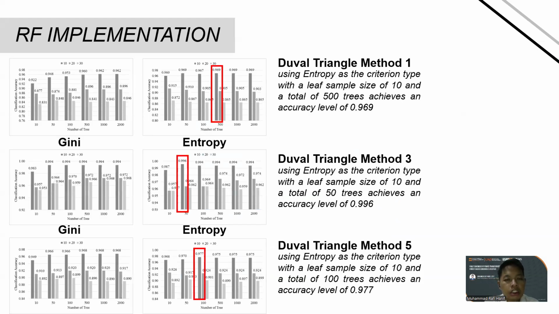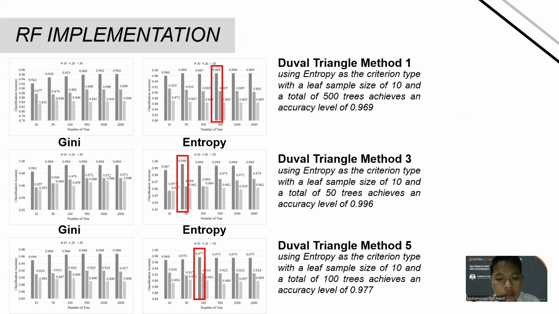So the random forest implementation result for the Duval triangle method 1, we use entropy as criterion with a leaf sample of 10 and a total of 500 trees, achieving an accuracy level of 0.96. For the Duval triangle method 4, using entropy as criterion type with a leaf sample size of 10 and a total of 50 trees, achieving an accuracy level of 0.99.